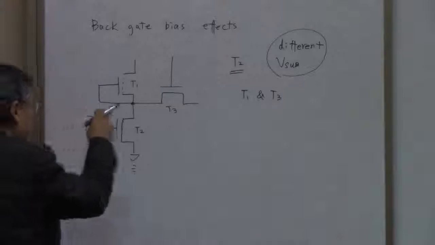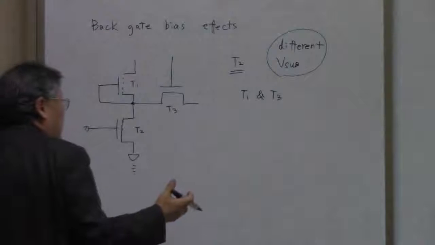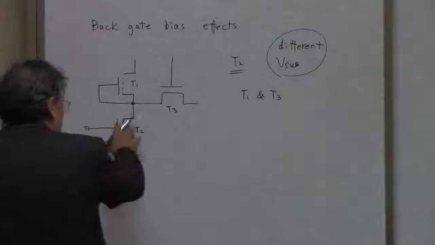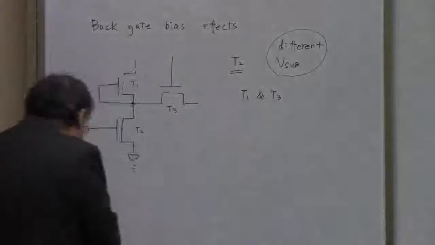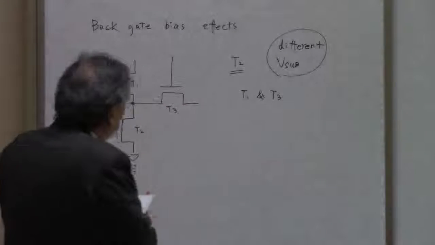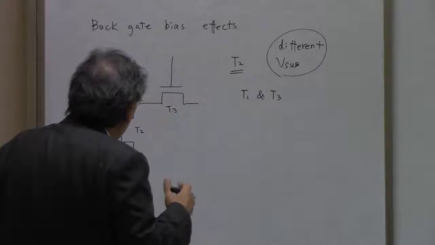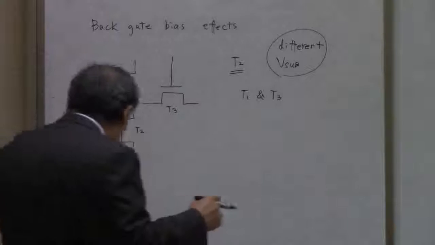So this T1 and T3 will behave differently from T2 because it has a different substrate bias. So we have to think how much the backgate bias affects on the transistor functions.